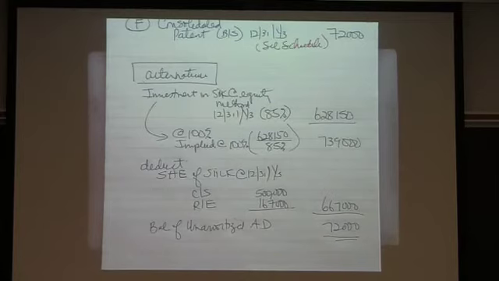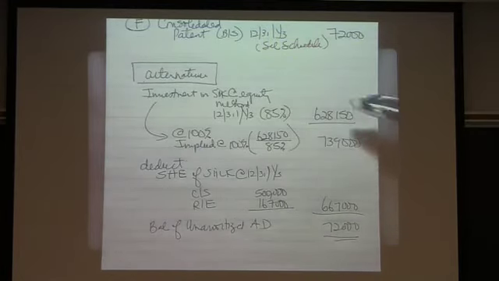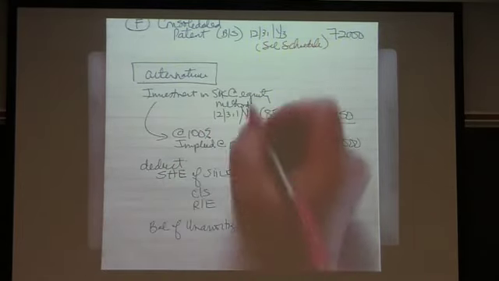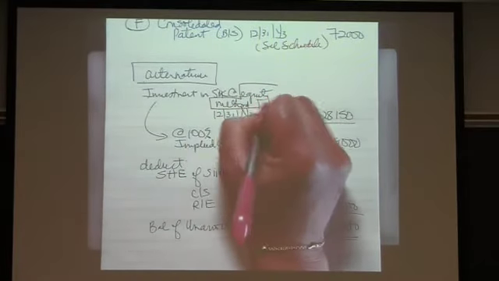So I just showed you a really neat trick to get to what the unamortized AD is at the end of the year. In this case, it's just patent, but it could be goodwill. It could be a combination of goodwill and patent, but we know that the total has got to be 72. So the only way this will work is that we've got to convert the investment on the parent side using the equity method. That's the key. It's the equity method, and that's the only way it would work.